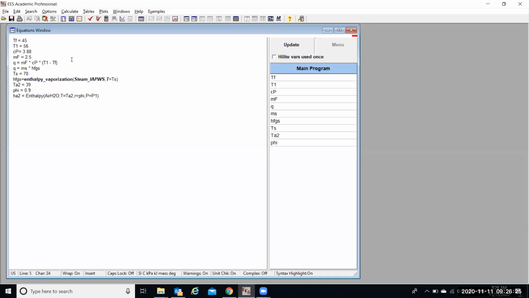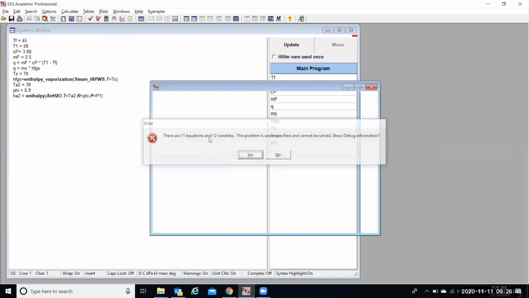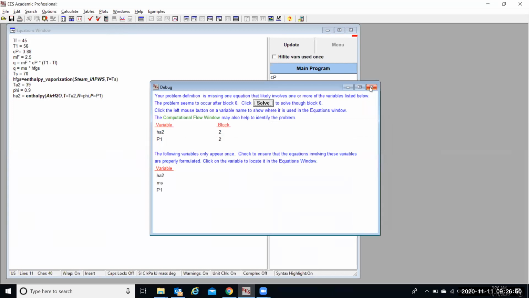It should be only one equal sign. But why is the error I expect? Because I have 11 equations and 12 variables. What is the variable that I did not specify? Maybe R? No, R is equal to phi, and phi here is 0.9. But it is P1 that I did not mention. So I should state that here.